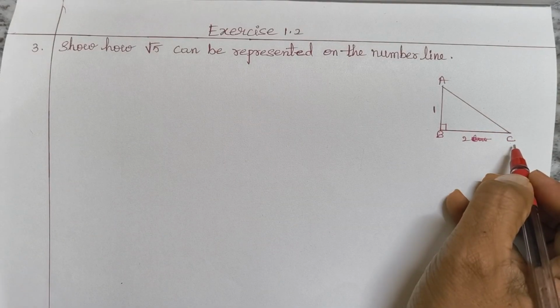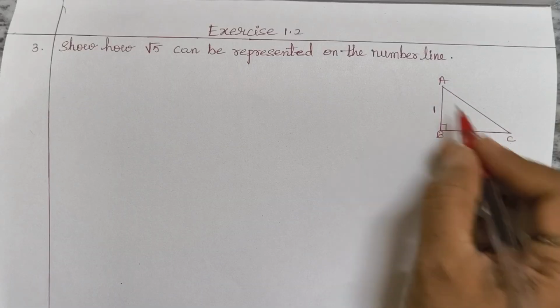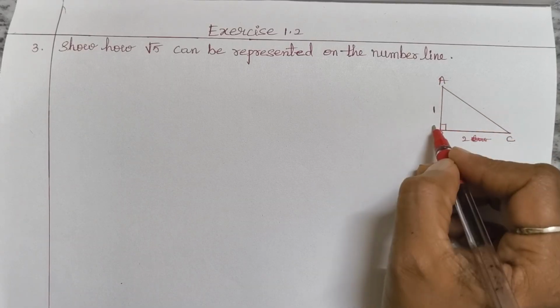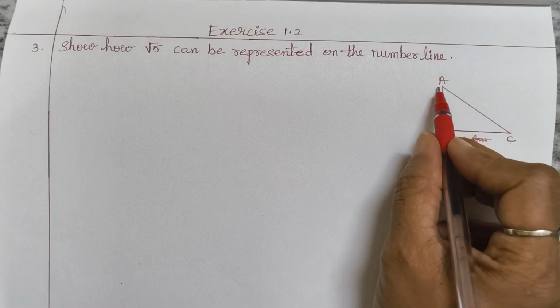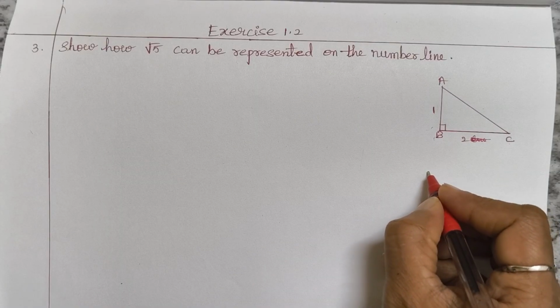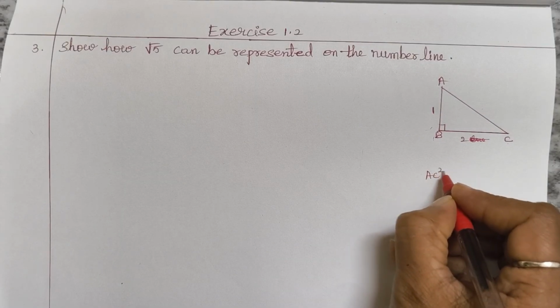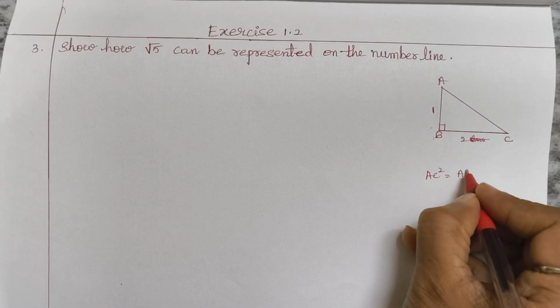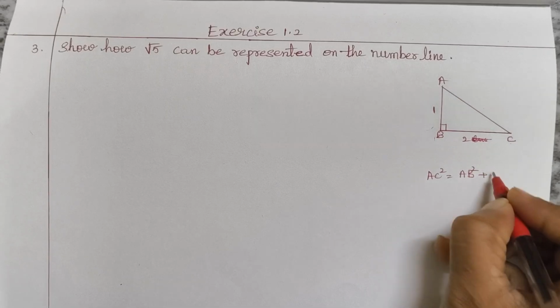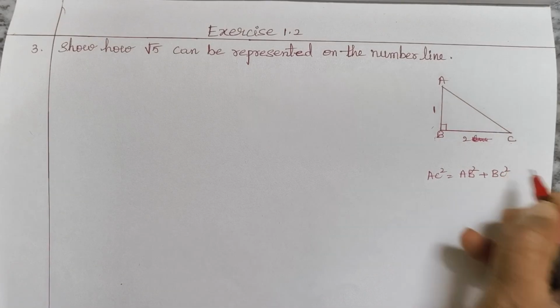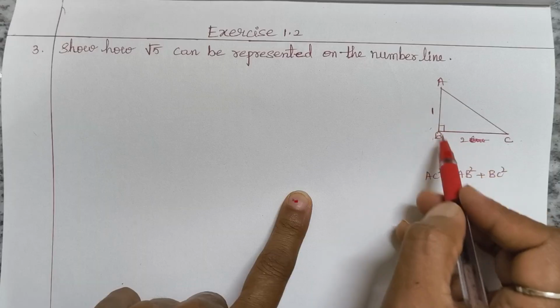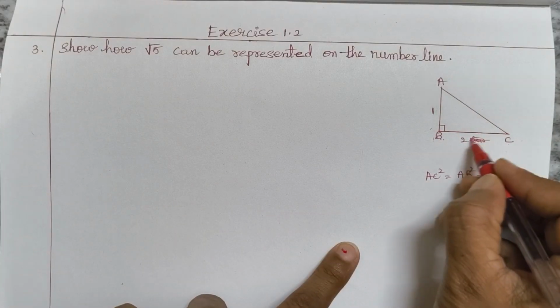So what is the Pythagoras theorem? Base, perpendicular, hypotenuse. AC square is equal to AB square plus BC square. In 8th standard, you learned about the Pythagoras theorem. So AC square is equal to AB square plus BC square.